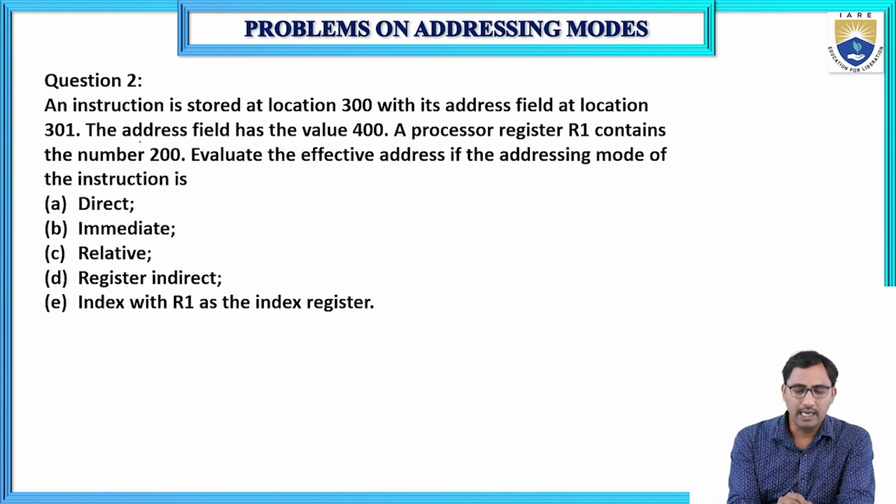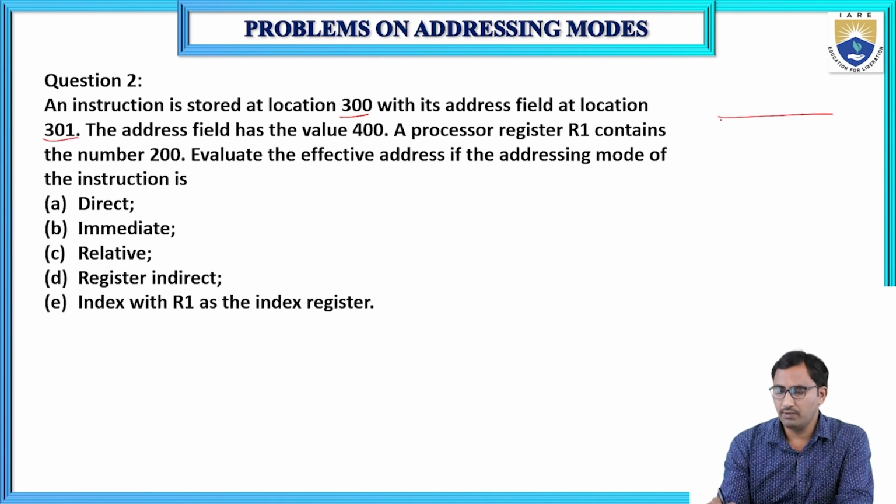Second one: an instruction is stored at location 300 with its address field at location 301. An instruction consists of two fields: the first field is the opcode, the second is the operand. The opcode is stored at location 300 and the operand at location 301.